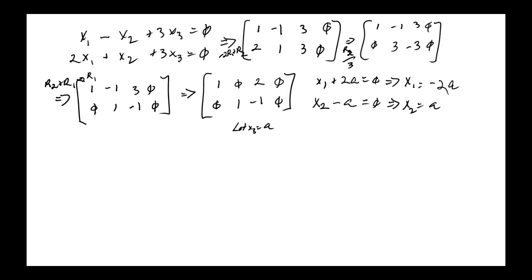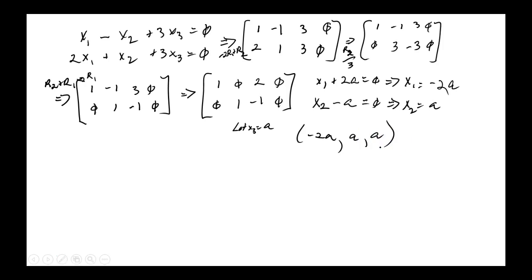This says x2 minus a, because x3 is a, and this is minus x3, is equal to 0. So add a to both sides, x2 is equal to a, and here we have x3 is equal to a. So our ordered triplet solution, generic solution, is minus 2a, that's x1, x2 is a, x3 is a.